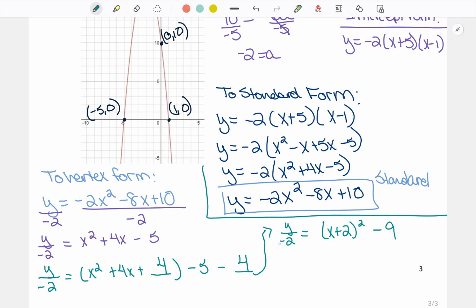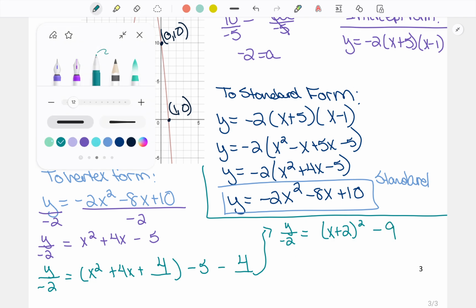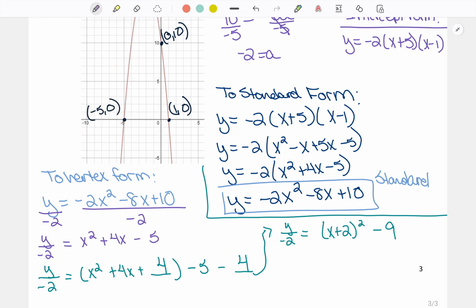So we're not completely in vertex form yet because we've got to then multiply both sides by that negative 2. And what this is going to do is get y back alone again. And then we're going to have negative 2 times x plus 2 squared plus 18, because we have to multiply everything by the negative 2.